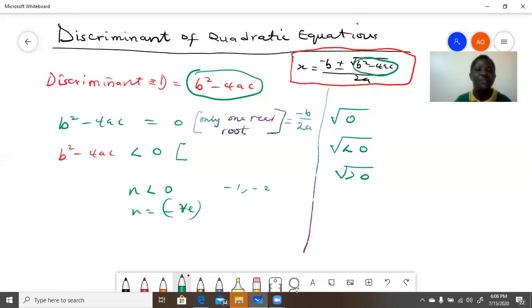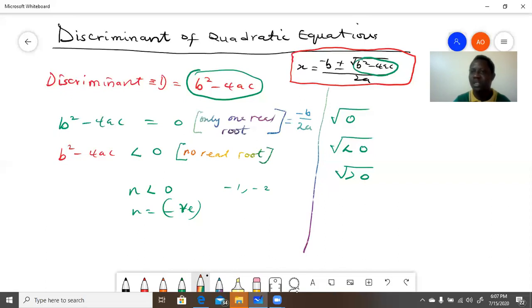So if our discriminant is negative, that's what I mean by discriminant less than 0. In that case, we are going to have no real roots. There won't be any real roots because the discriminant is less than 0.